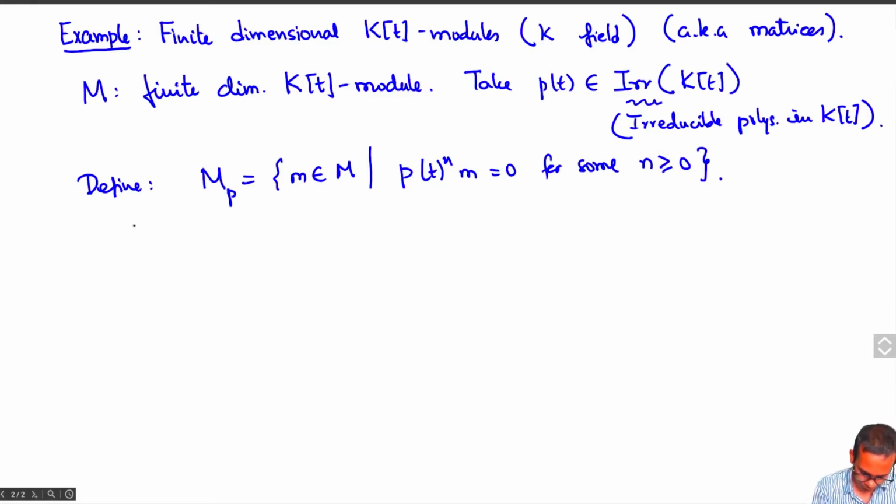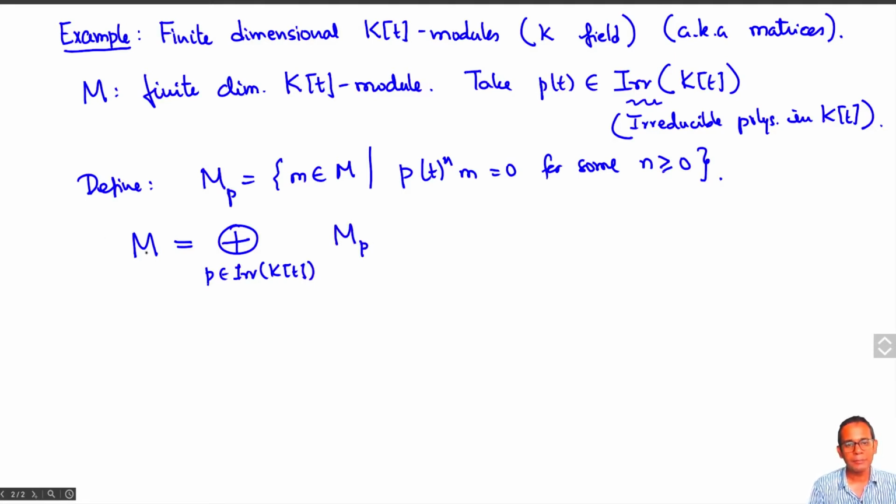Then again we know from basic module theory, if you want you can go back and look at the lectures on finitely generated modules over PIDs, M is going to be the direct sum over p in irreducible K[t] of M_p. And once again, M being finite dimensional, only finitely many of these M_p will be non-zero. And so this sum will actually be a finite direct sum. So you get a canonical direct sum decomposition of M.